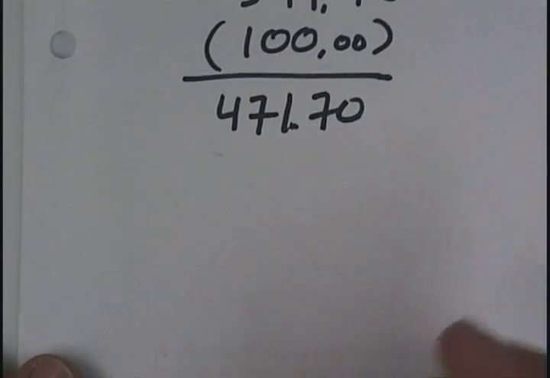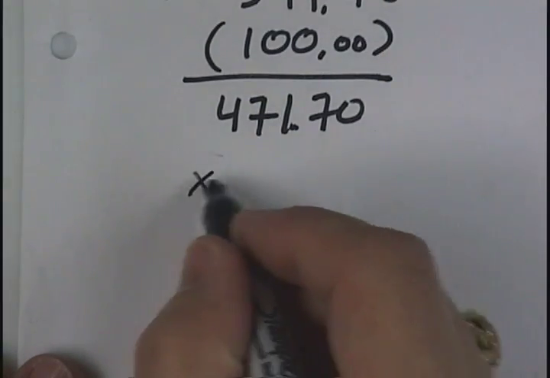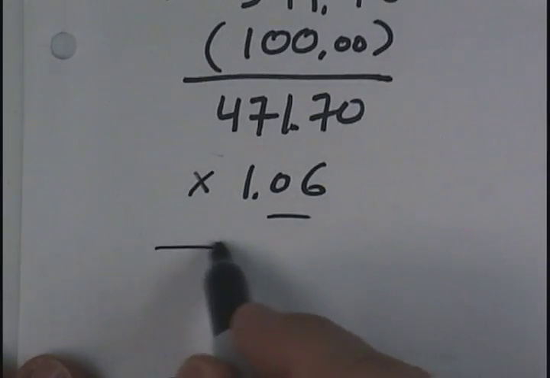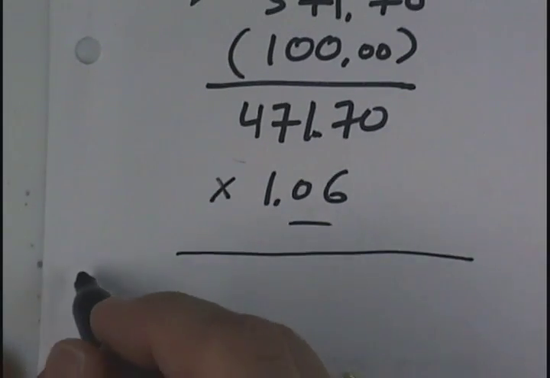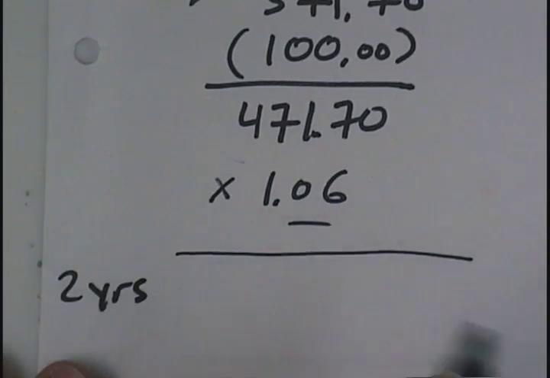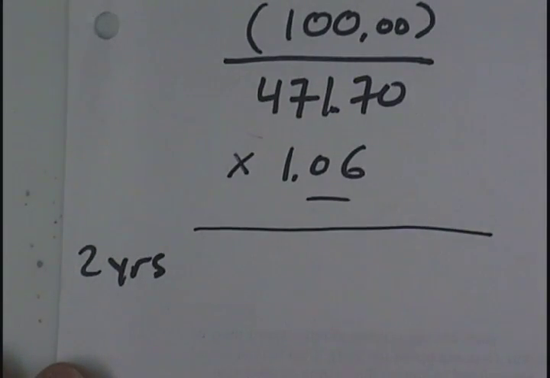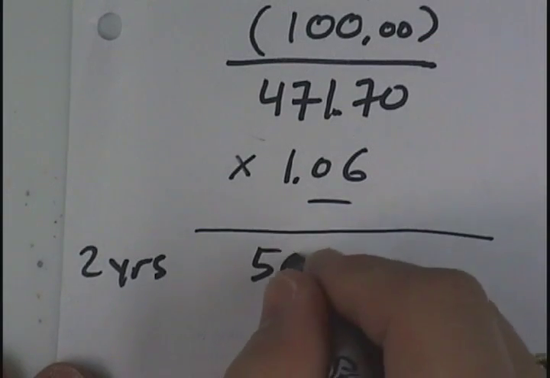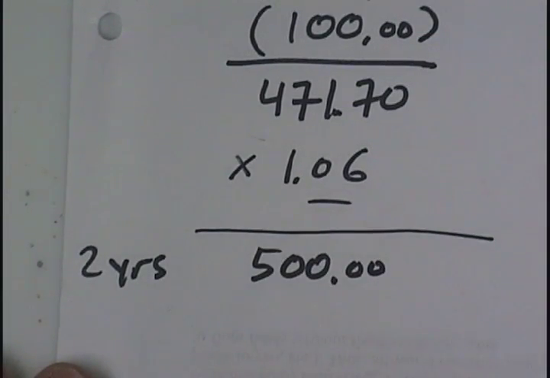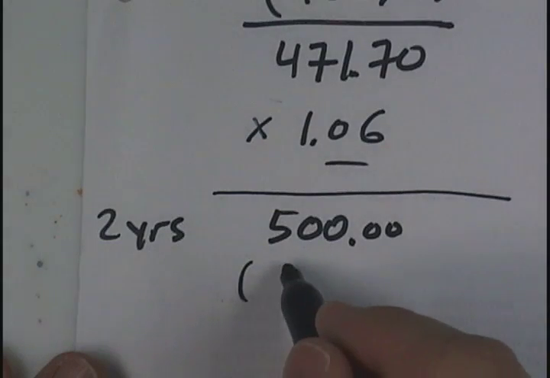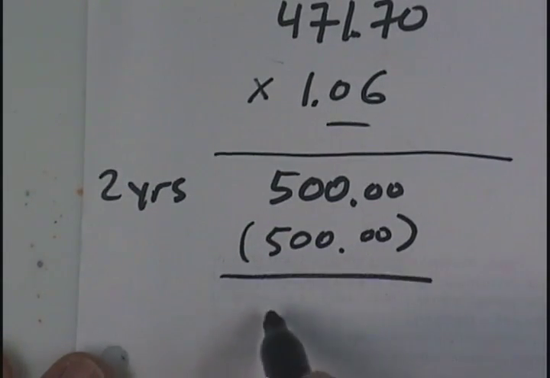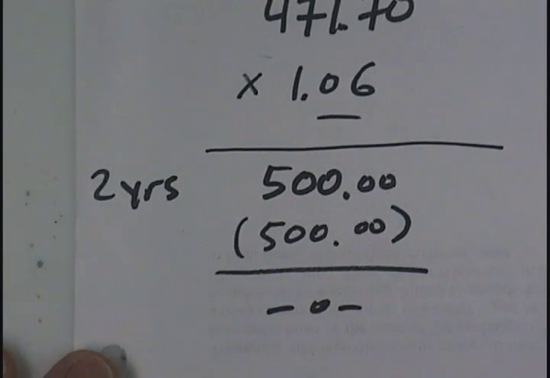So then I would invest that at the 6% return that I am being offered, so that would grow at 6%. Then in 2 years' time, I would have $500, and that would allow me to take out the second $500 cash flow, and there would be nothing left.